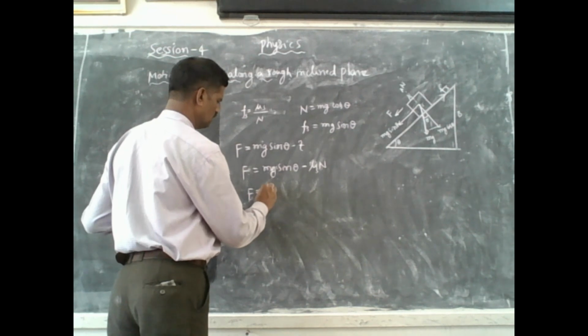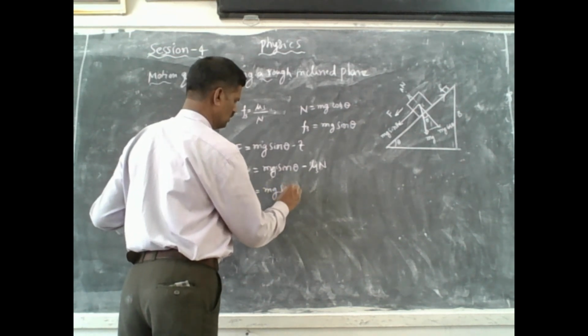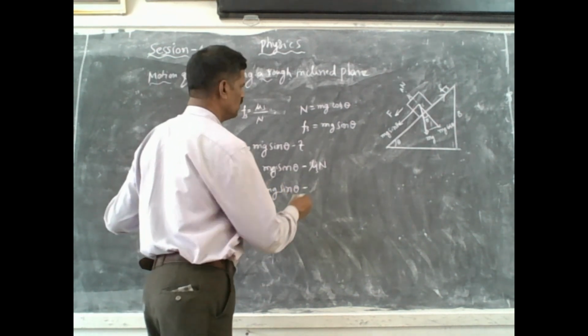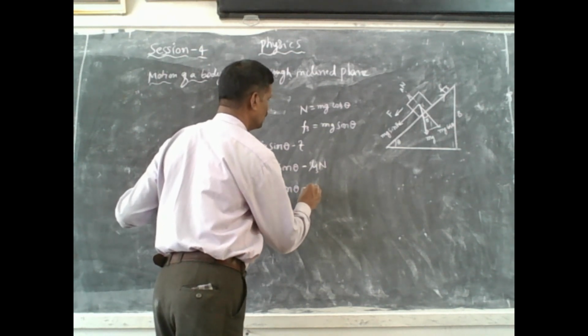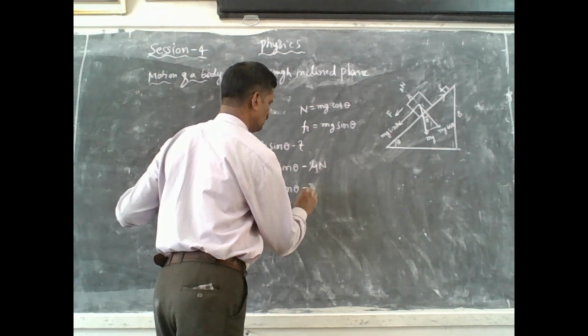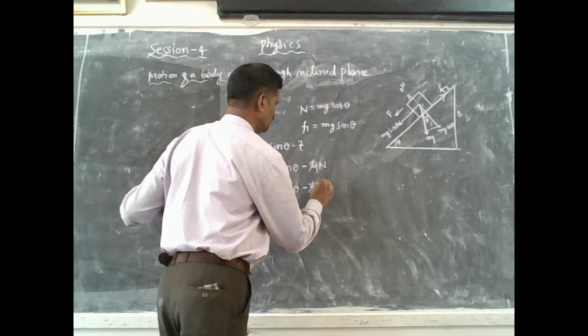So F equals mg sin theta minus mu s mg cos theta.